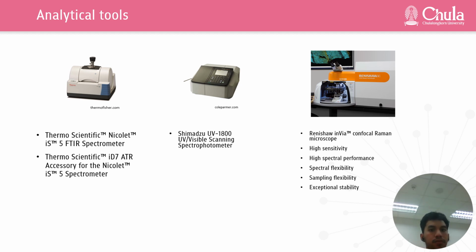The second one is FTIR, the Fourier transform infrared spectroscopy, which is also rapid. Depending on how many scans that we want to do, it can be in seconds or in minutes. But it has lower speed than Raman.